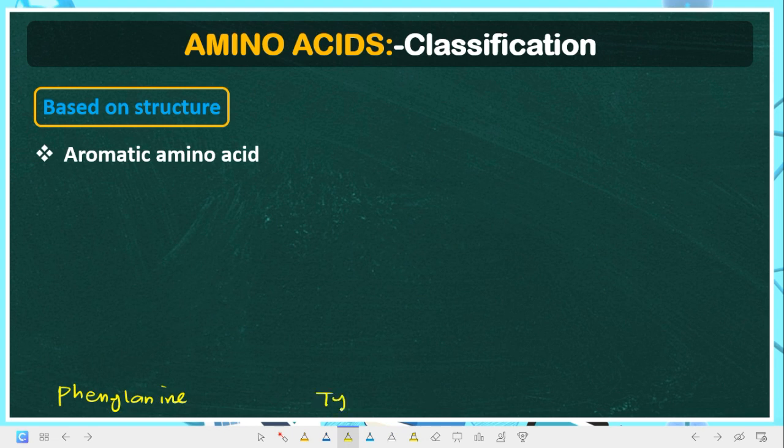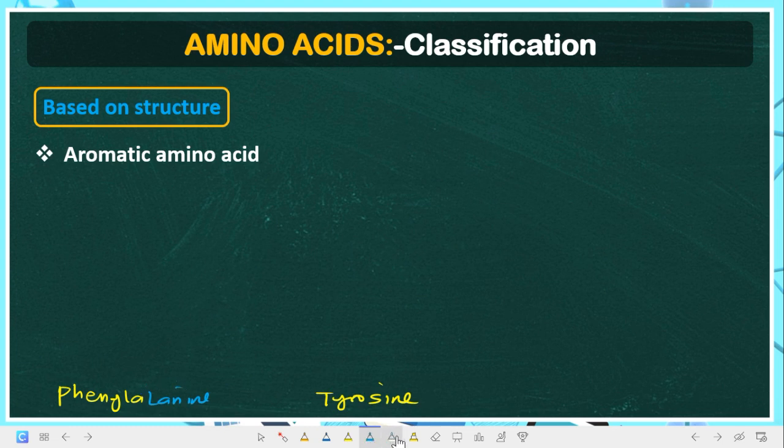So we have these 2 amino acids as the aromatic amino acids, phenylalanine and tyrosine.